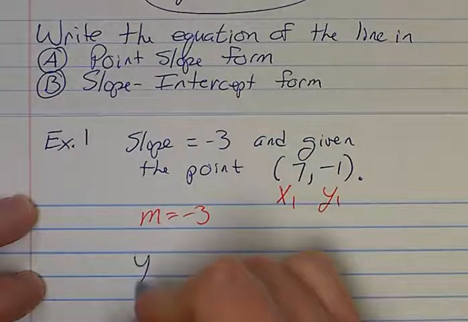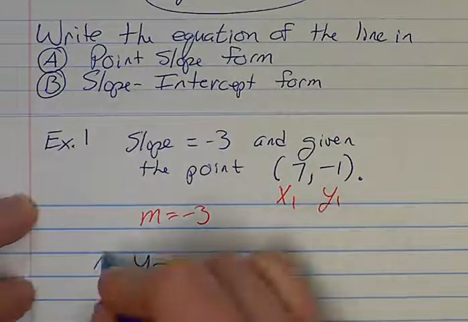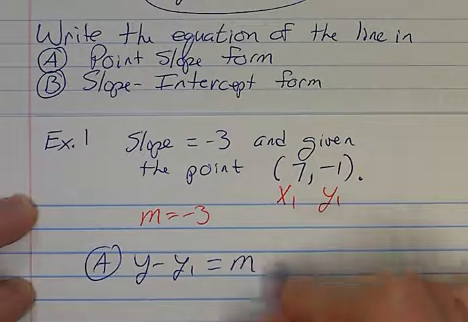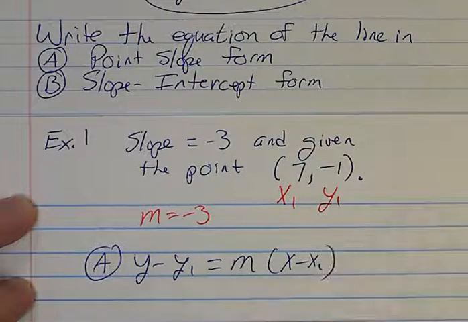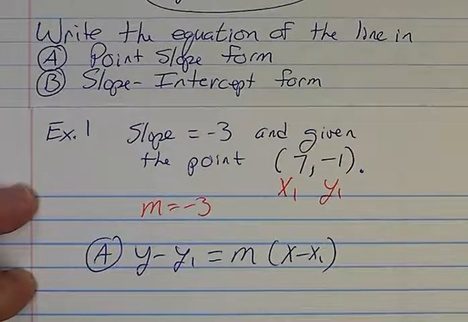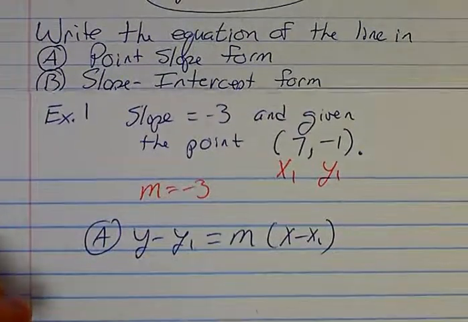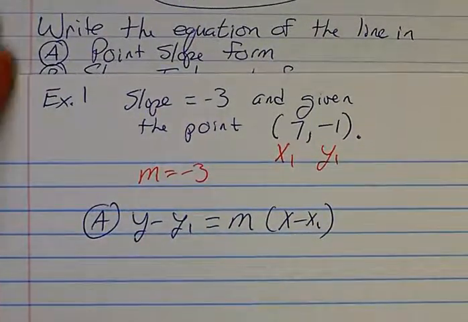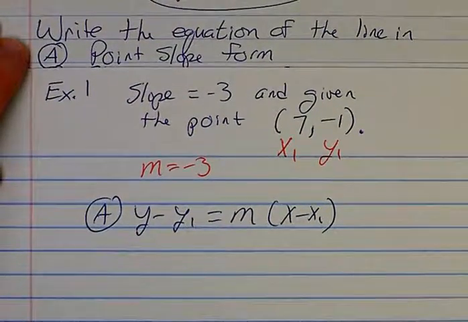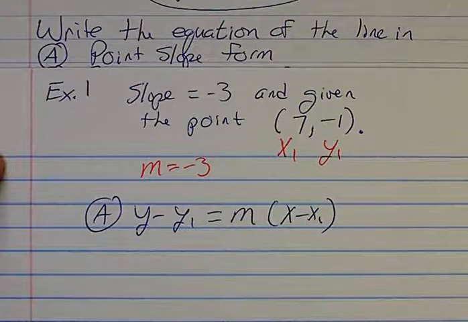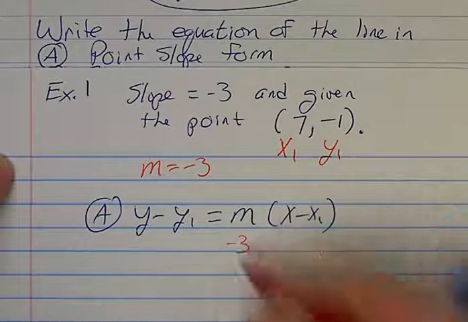So we're going to start with the A part, which was y minus y1 equals m times x minus x1. Let's cover up the B part for now because we're not even doing it yet. So there's our point slope form, and we're going to plug in the -3 for the m.